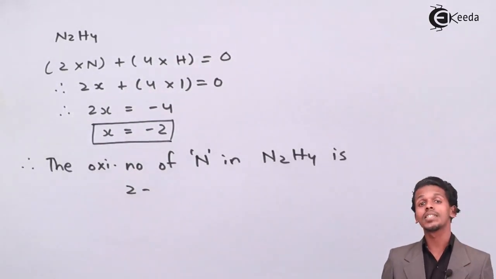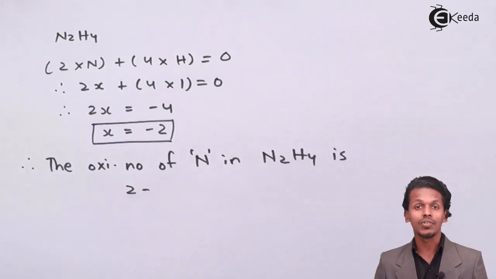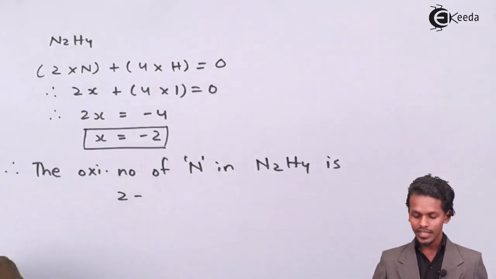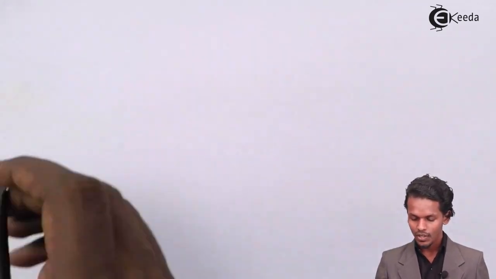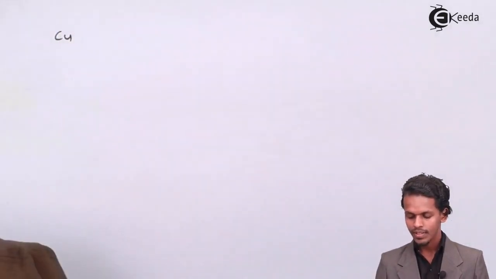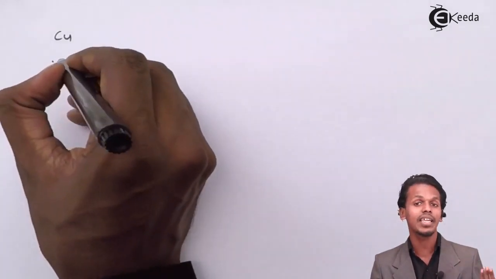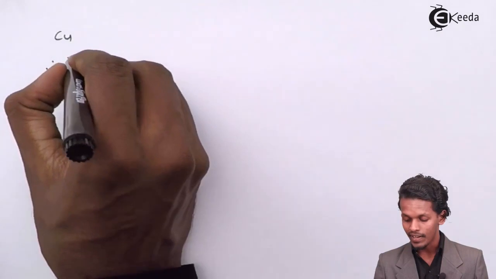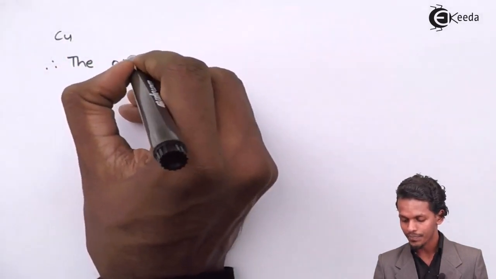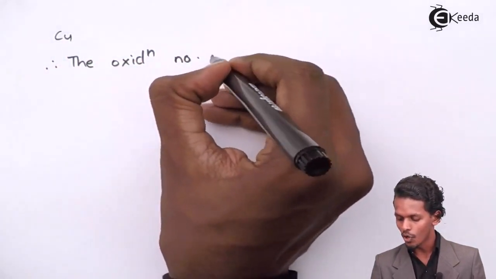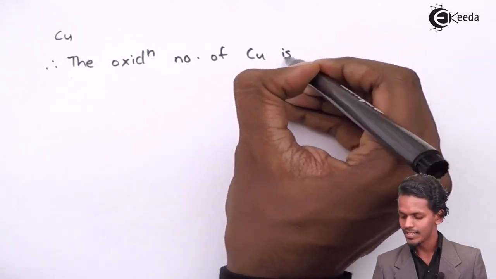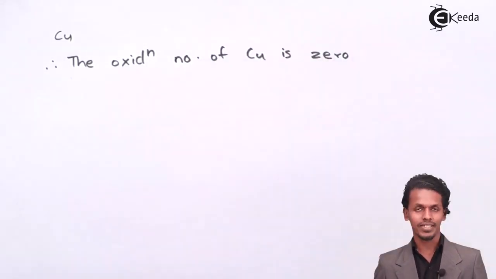So let's move towards the products, and let us find out the oxidation numbers of the products. In this case the first product is copper. As you can see, there is no charge present on the copper, so I could conclude that the oxidation number of copper is 0 in copper itself.